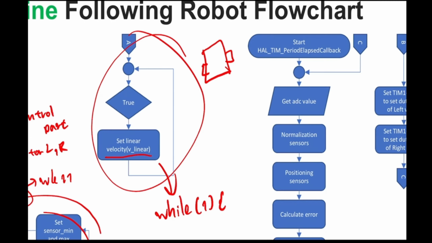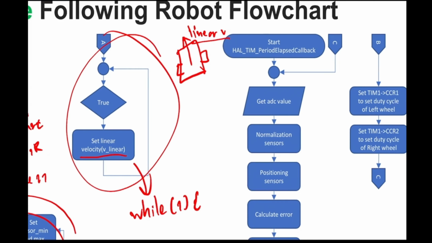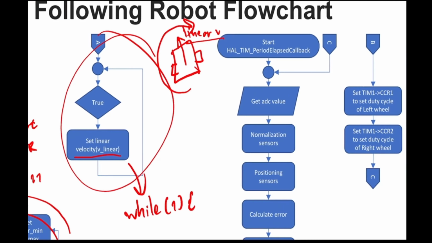The linear velocity means here, so when we want to control the robot in advance, we have to command it by the linear velocity and also the angular velocity W.